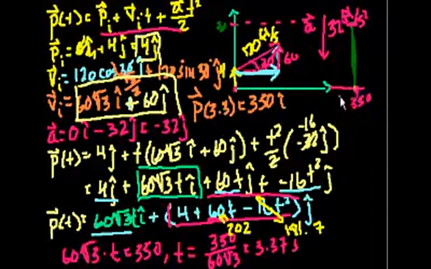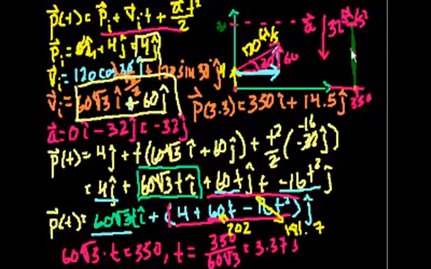Its x position is 350. And what's its y position? Well, we just figured it out. We substituted 3.37 seconds into the y piece, plus 14.5 j. Right? This is its y component. So it's going to be 350 feet, and it's going to be at 14.5 feet in the air.